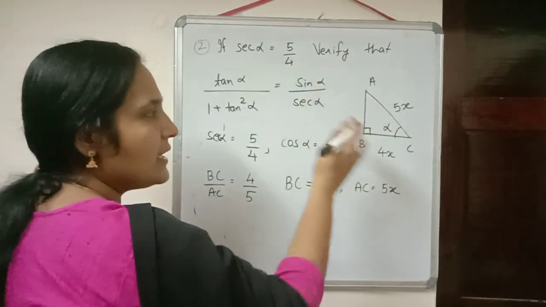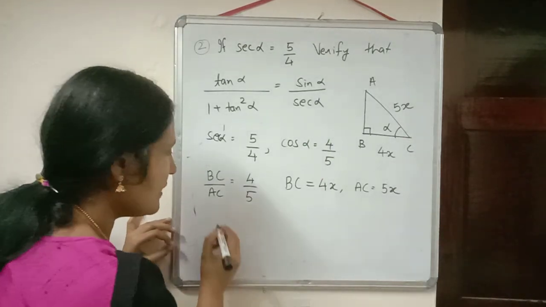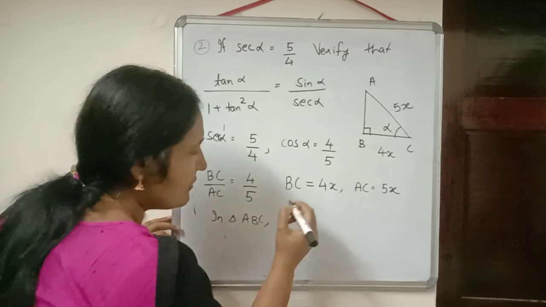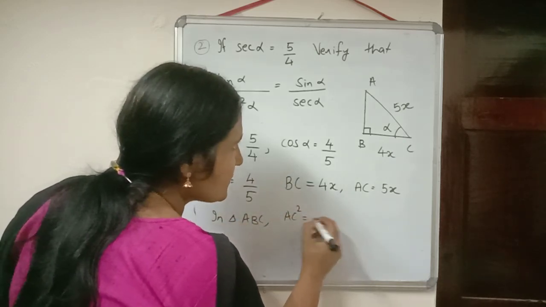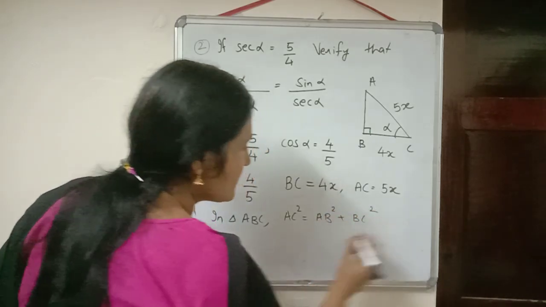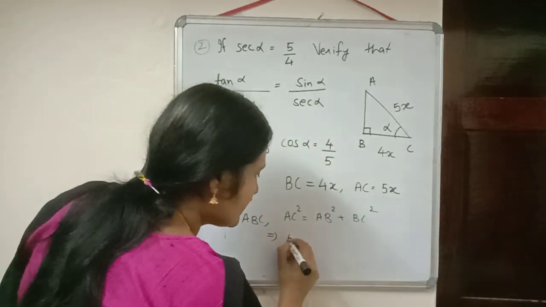Now we can calculate the value of AB by, yes, Pythagoras theorem. So use Pythagoras theorem in triangle ABC. What will come? AC square is equal to AB square plus BC square. Now substitute the value. AC is 5x.